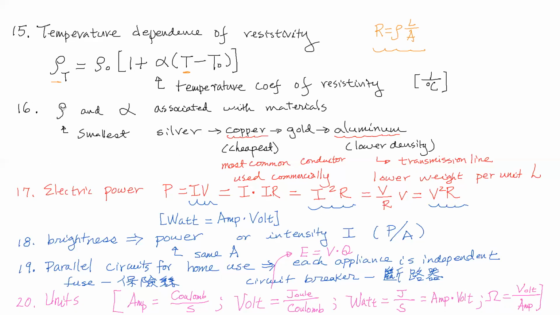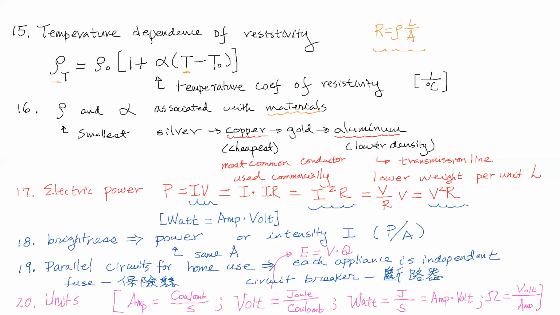Number 16, rho resistivity, alpha, temperature coefficient of resistivity is associated with materials. The smallest for the rho is silver. So this is the best conductor. Second best, third best, the fourth best. Copper is used more frequently in the household, in the home, and commercially because it is cheap.